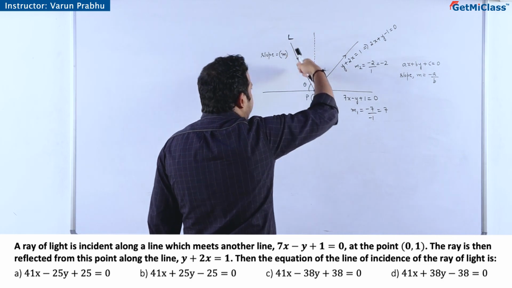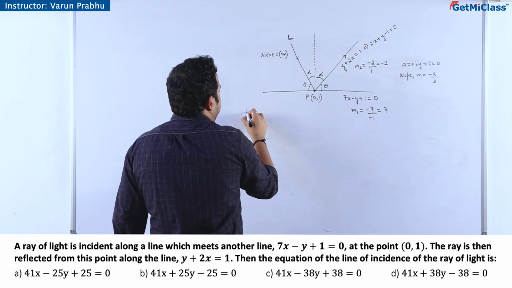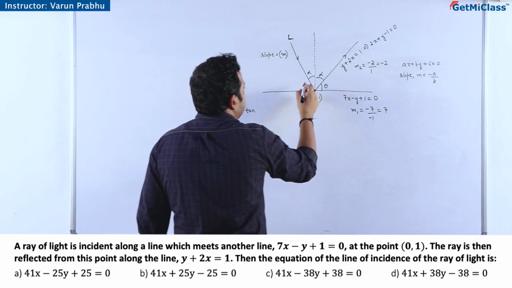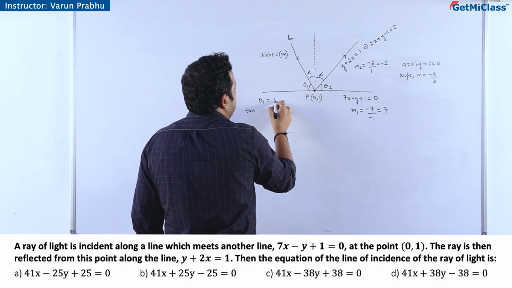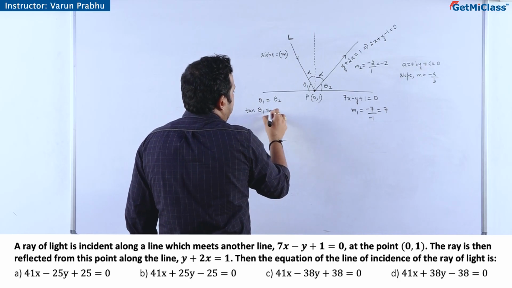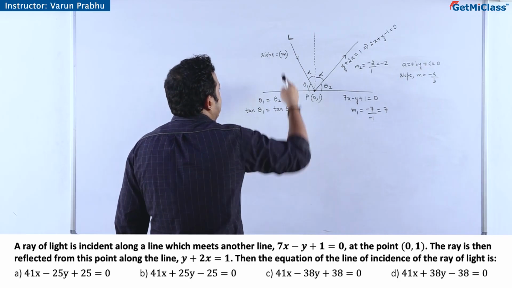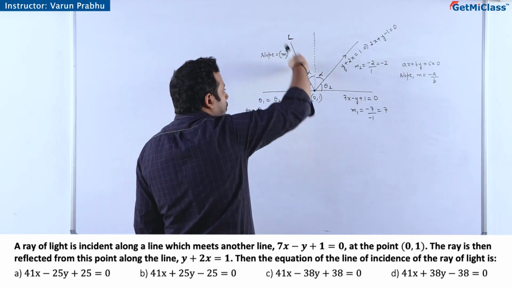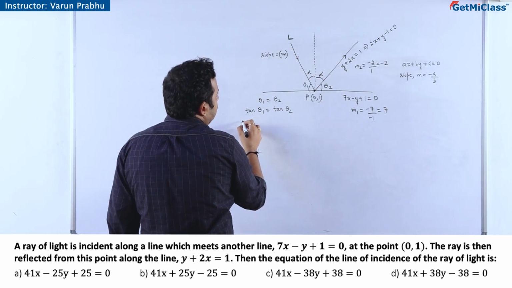Tan of this theta should be equal to tan of this theta, right? I'll call these theta 1 and theta 2, and theta 1 is equal to theta 2. So tan of theta 1 should be equal to tan of theta 2. What is tan theta? Tan theta is nothing but the slope of this line.